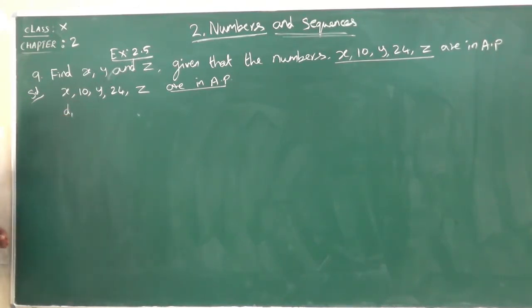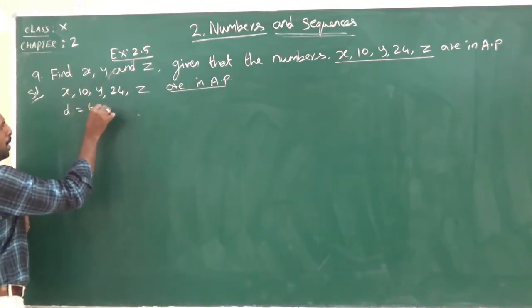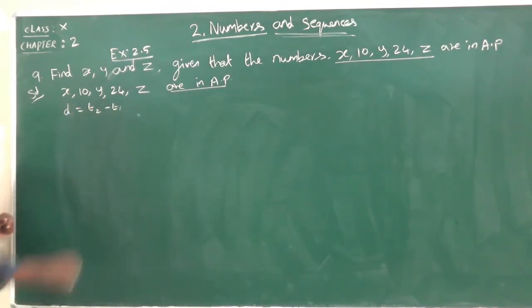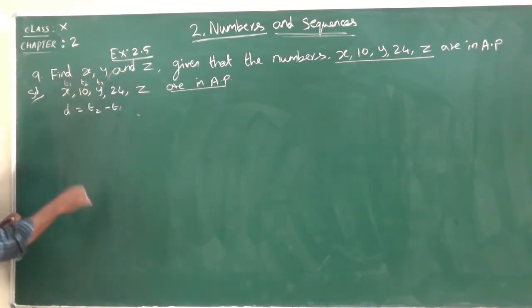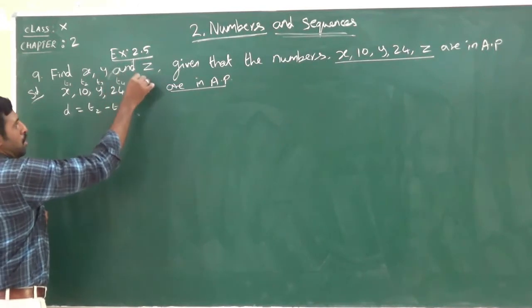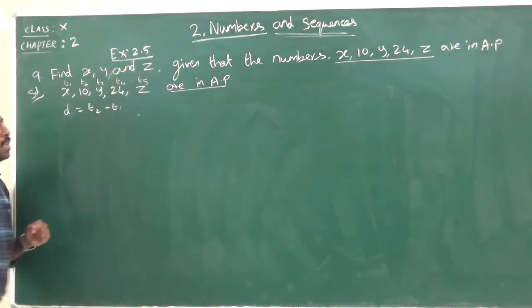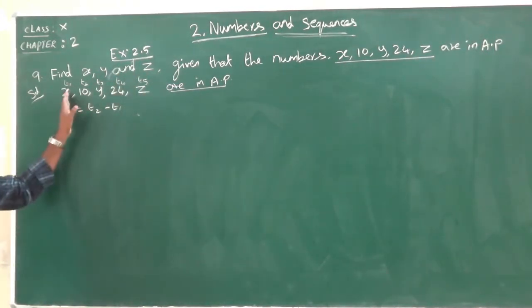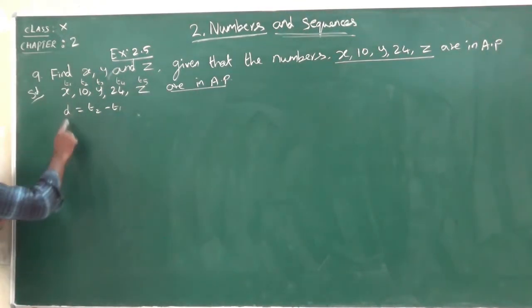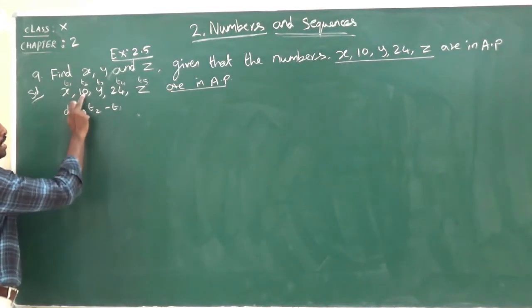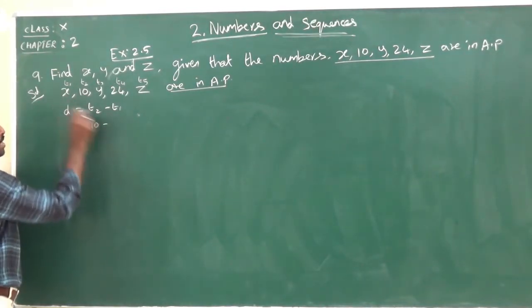First I take D1, right? Common difference is T2 minus T1. Let me take the first term as T1, second term T2, third term T3, then T4, and then T5. Then we are going to find the common difference up to T5 minus T4, right? Then D is equal to T2 minus T1. The second term is 10 minus x.